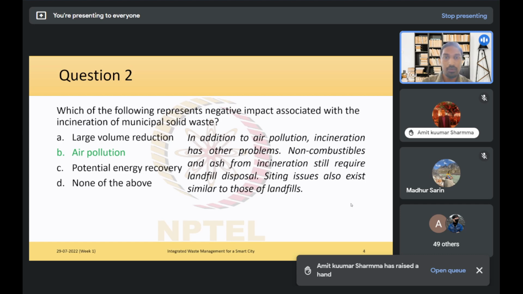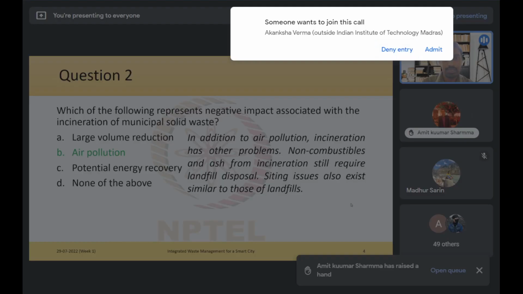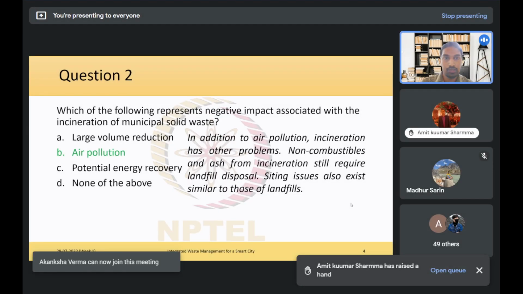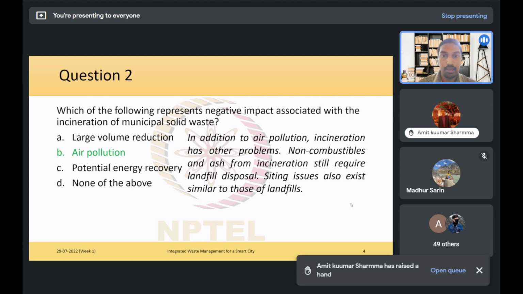Even if you strictly follow the standard, it's still going to cause environmental issues. It's going to affect the environment and ultimately the health of humans and other animals as well. So it still has a negative impact in that aspect. Even if you strictly follow these standards, it's still going to have some damaging effects. Okay, sir. All right.